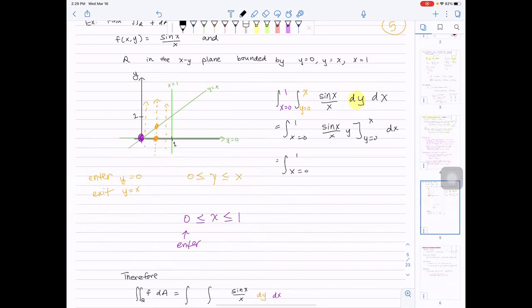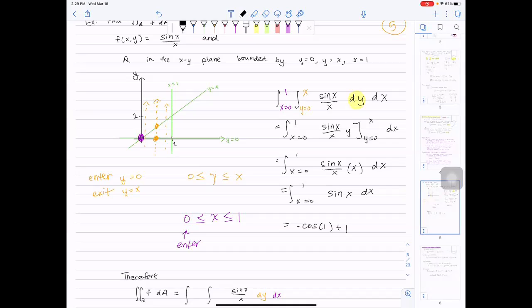Then you get sine x over x times x, and plugging in y equals 0 just gives you 0. So you're left with the integral of sine x dx. And then when you simplify, you'll get negative cosine 1 plus 1.